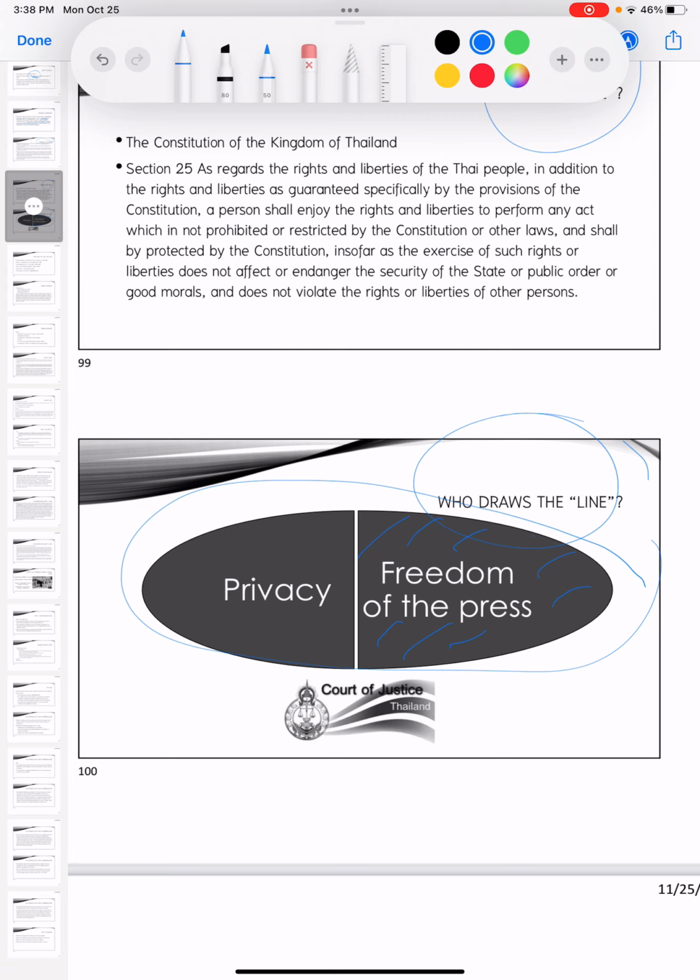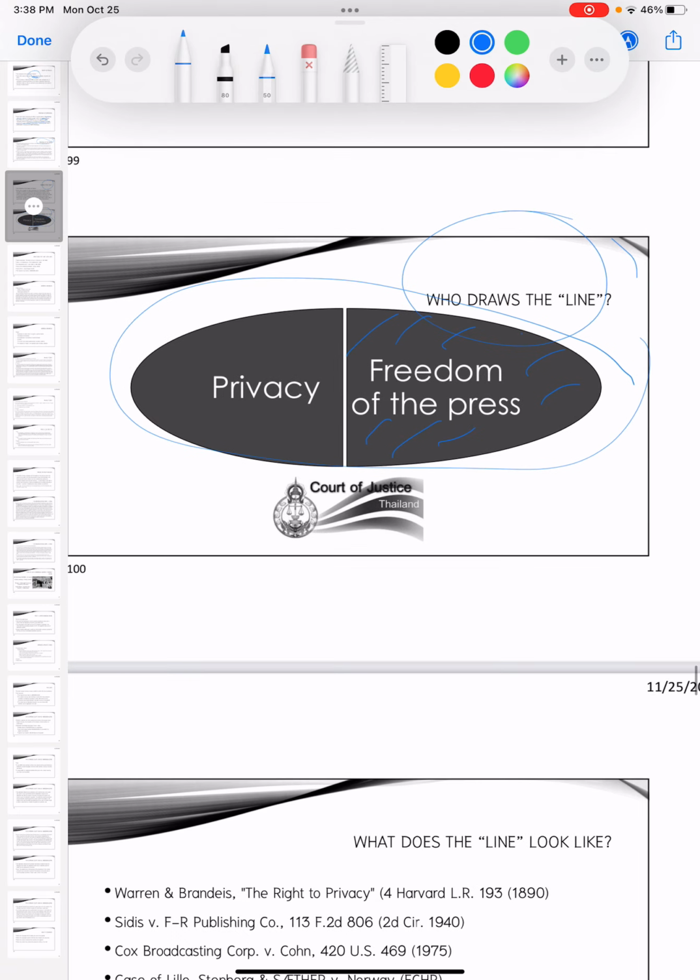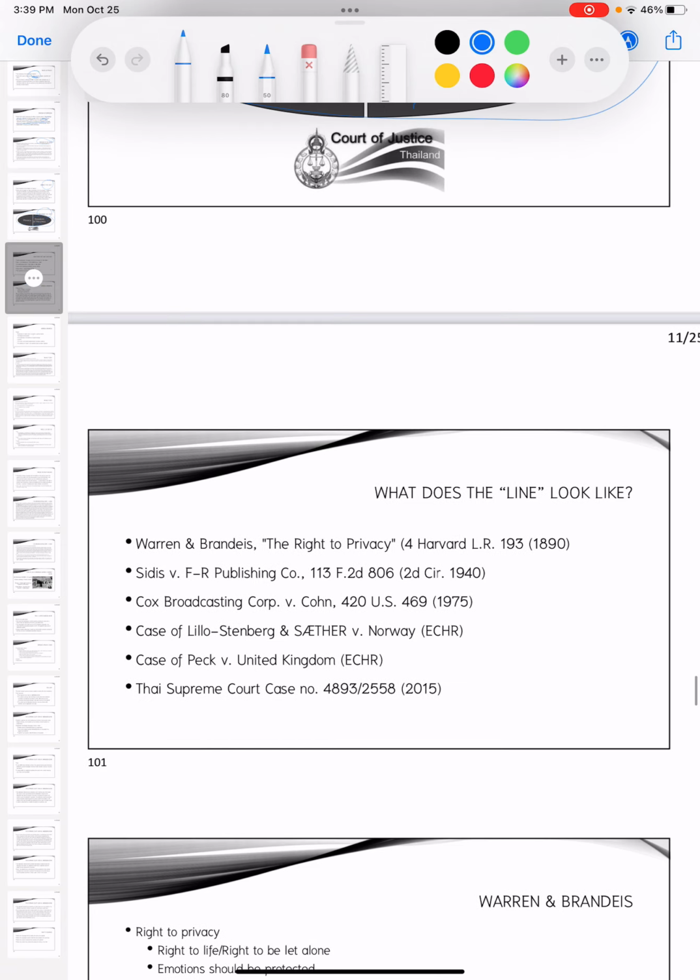Okay, and now we're going to find more clues on where that line is located between them. So what does the line look like? There are so many cases, but this is the list of cases I think are interesting, and some of the cases are assigned to you already.